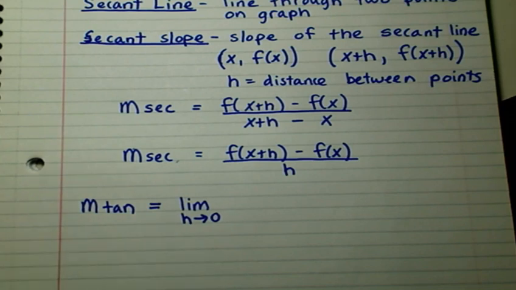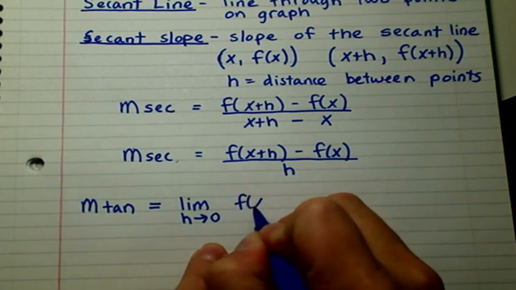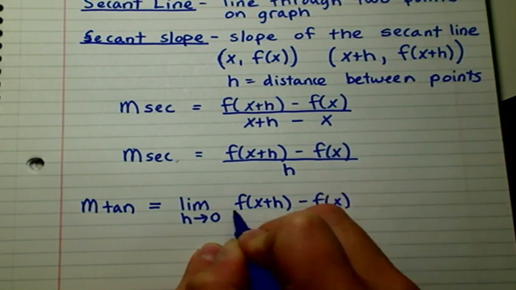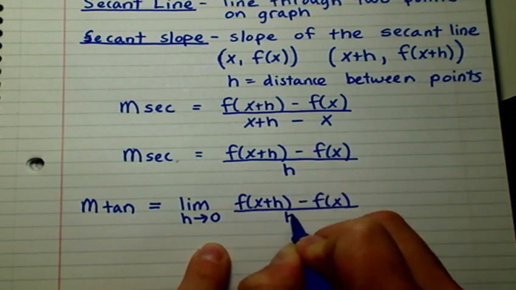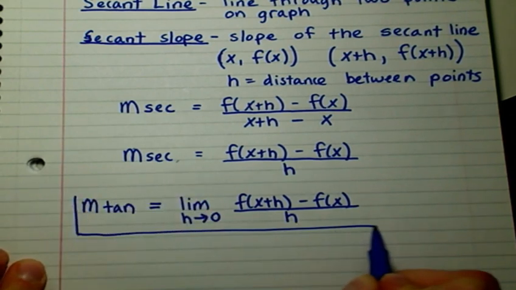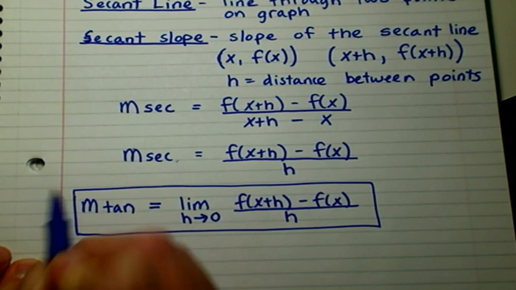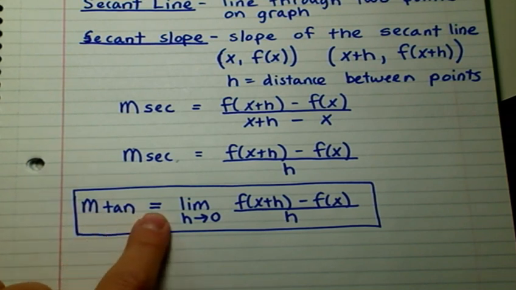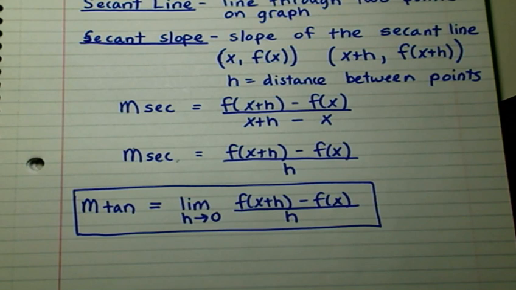If I make the distance 0, the 2 points have actually turned into 1 point. Okay, I'm going to put a little box around this because that is sort of the culminating information from all of those vocab words we did. The tangent slope is defined by that limit statement.